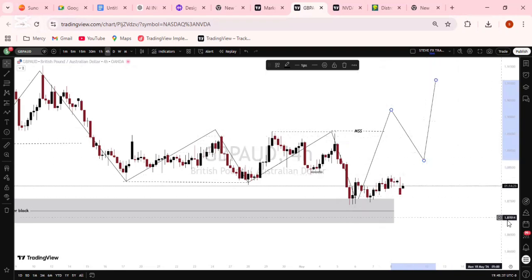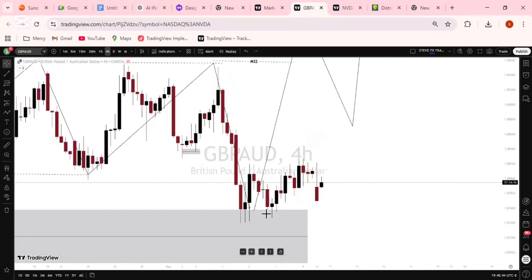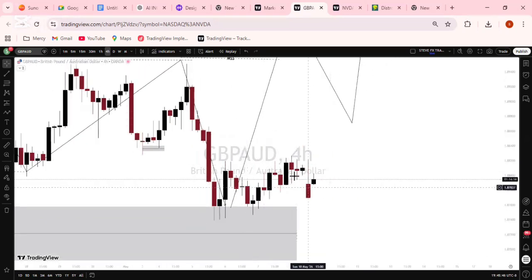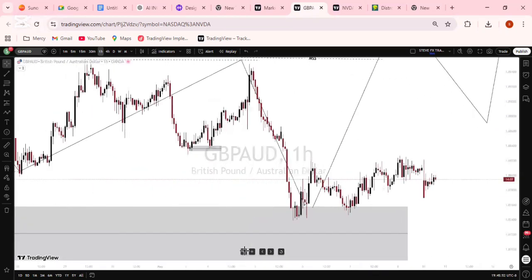But then if we look at this particular consolidation, let's switch down to another lower time frame.